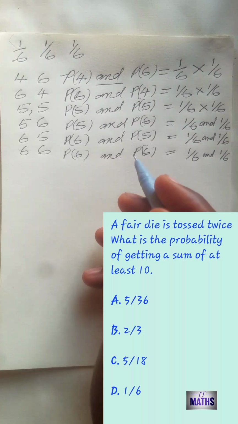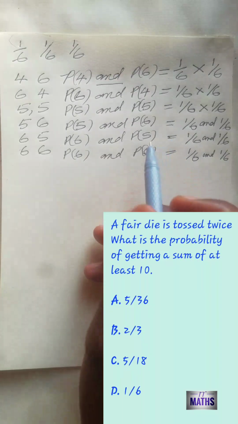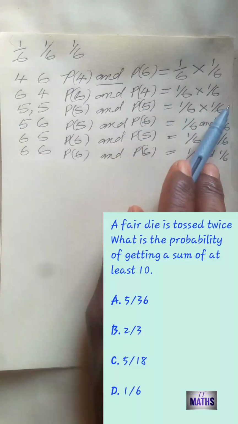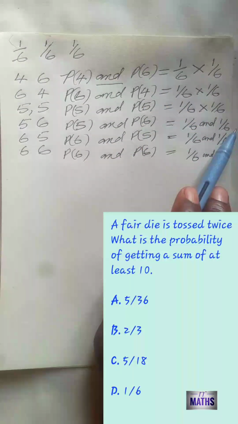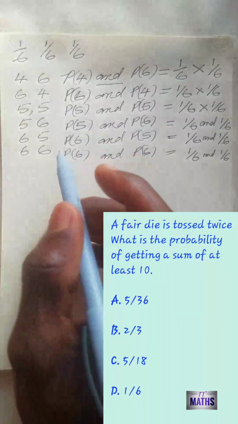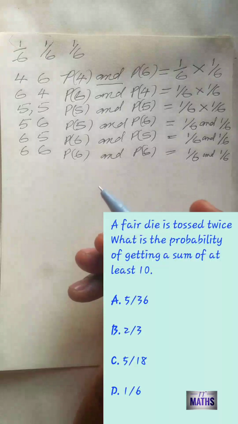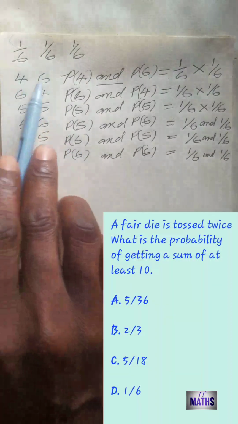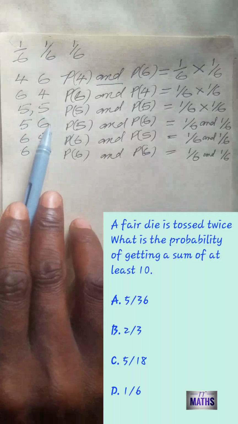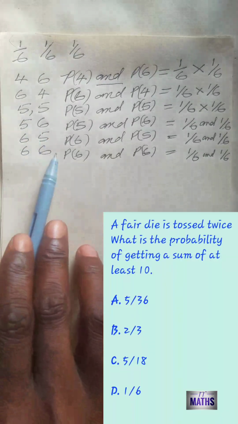I am simply looking at the probability of having this or this or this or this or this or this. So what am I saying? I'm saying that the probability of having at least a 10 is the probability of having this and this, or this and this, or this and this, or this and this, or this and this, or this and this.